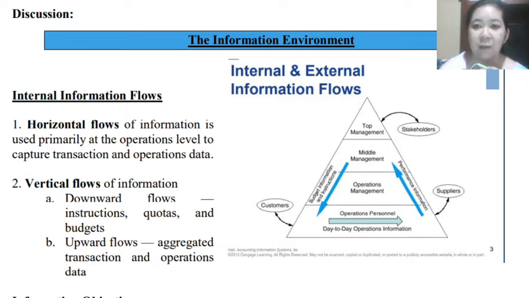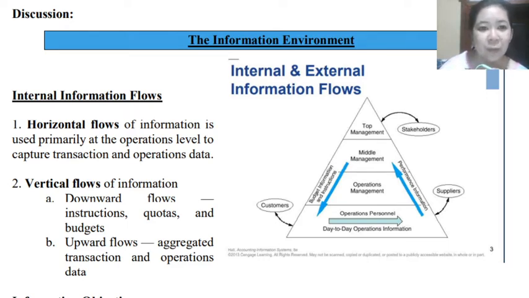Here all the transactions that occurred in those different divisions or segments are recorded or captured, and this should have a process flow of information in an organization or business entity.